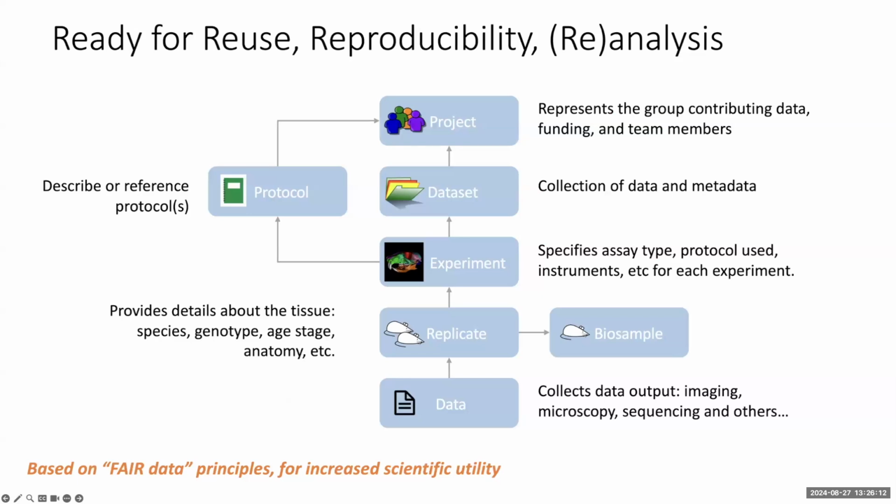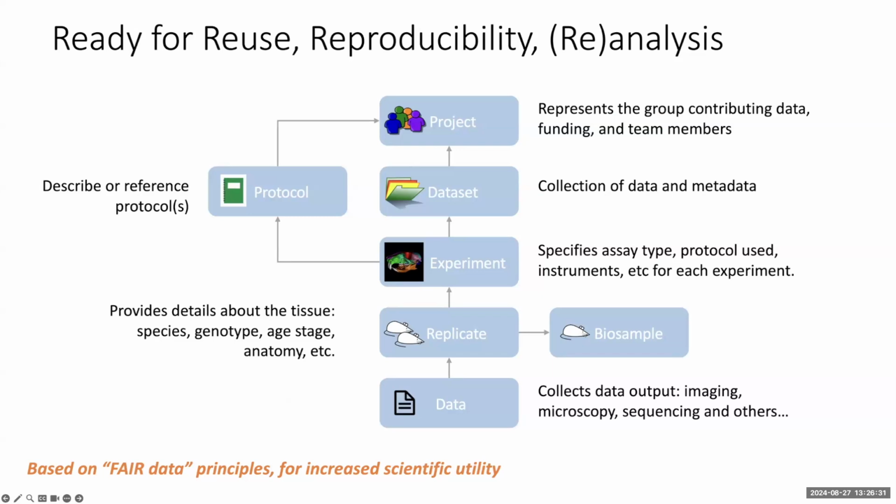Now, it's also important to pause for a moment and know that FaceBase data are organized in a structured and intuitive data model. This helps to ensure that FaceBase data are ready for reuse, for reproducibility, and for analysis or reanalysis, as the case may be.